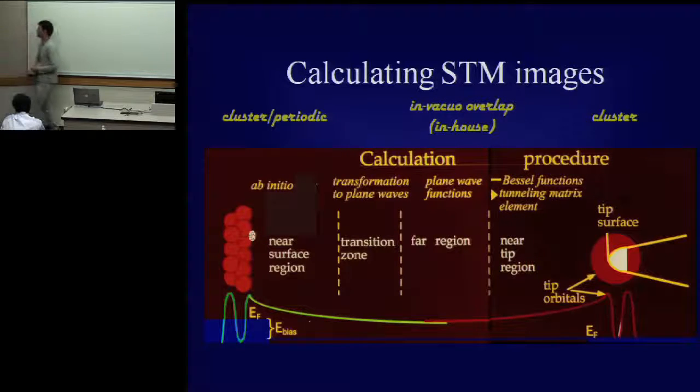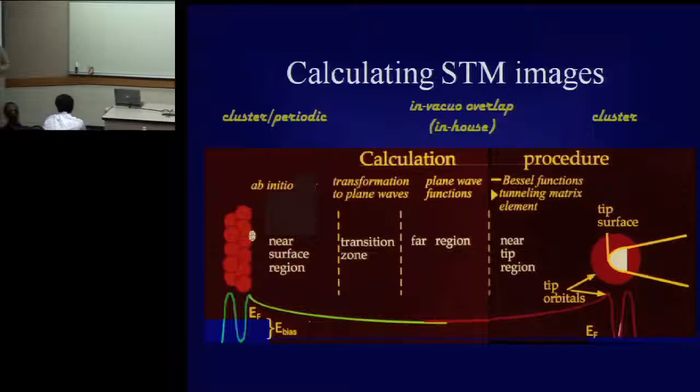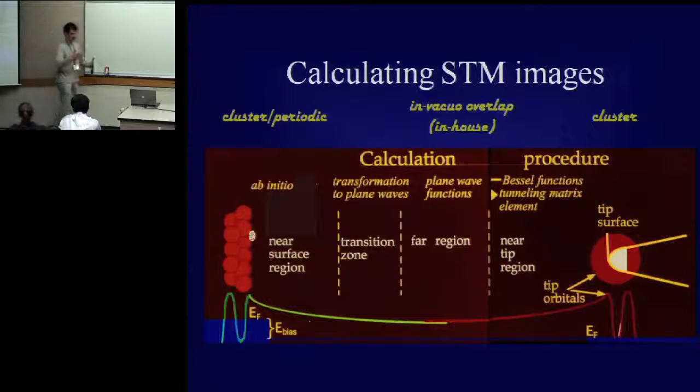This is using commercial software, for example, Gaussian, or Crystal, which does real 2D boundary conditions, or something like CASTEP or VASP, which does pseudo 3D boundary conditions where you have a surface, surface, surface, with vacuum gaps in between.